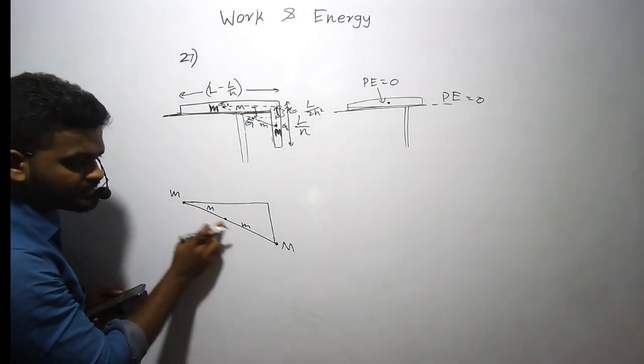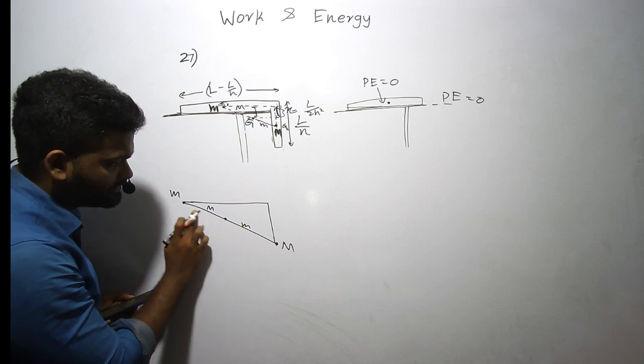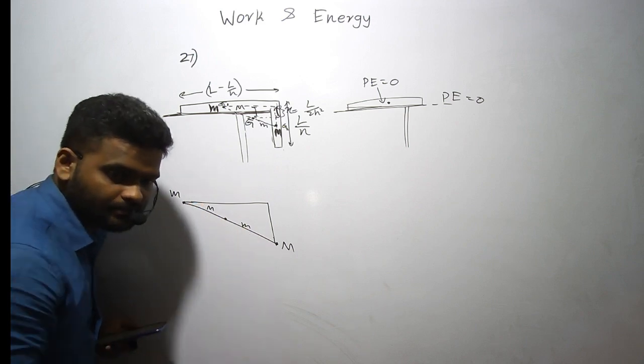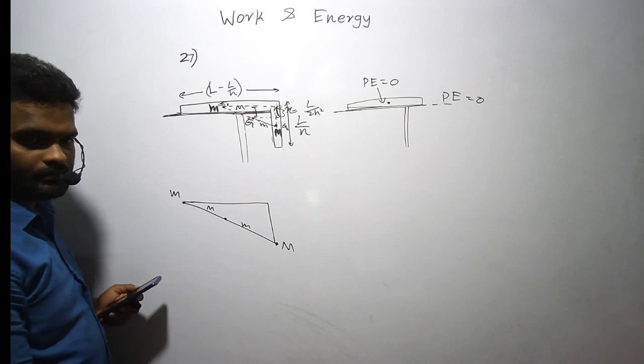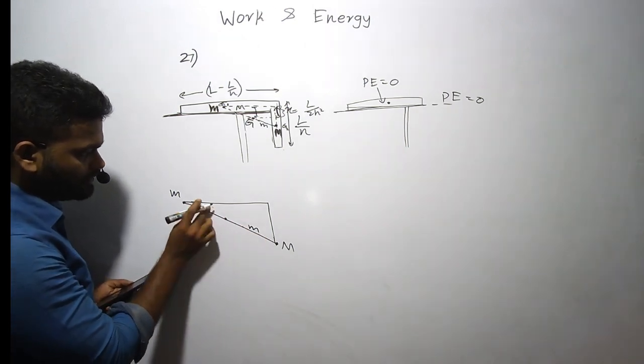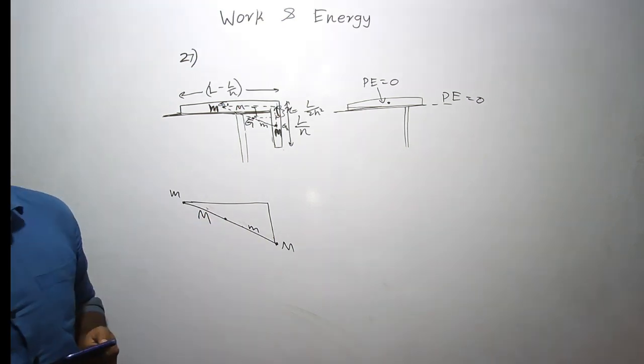These lengths are inverse: capital M to simple M. This is capital M, this is simple M.